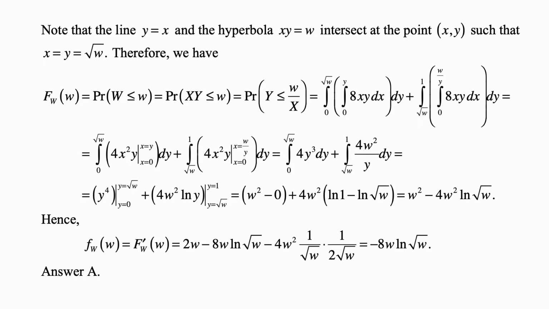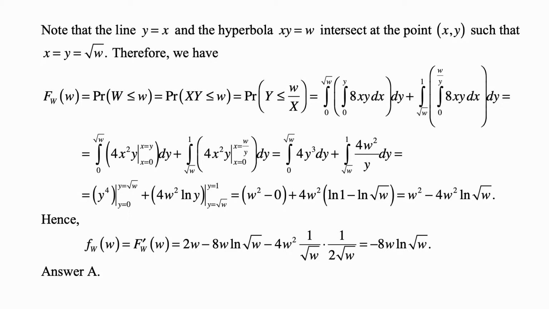And therefore, F sub W of w, which is the probability that W is less than or equal to w, is the probability that xy is less than or equal to w, which is the probability that y is less than or equal to w over x. And it's the integral of the density over that shaded region that I was trying to show you. We can just take the integral of the density over that shaded region, but we have to split it into two integrals.